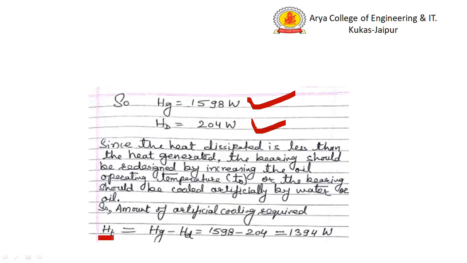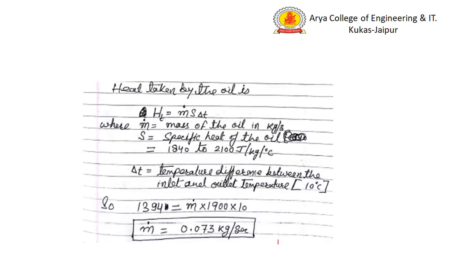This is the amount of cooling required, Hg minus HD. Hg is 1598 and HD, the heat dissipated, is 204. So the cooling required is 1394 watt. The oil can take this heat, and the equation is HT equals m dot S delta T, where m dot is the mass flow rate of the oil, and S is the specific heat of the oil.